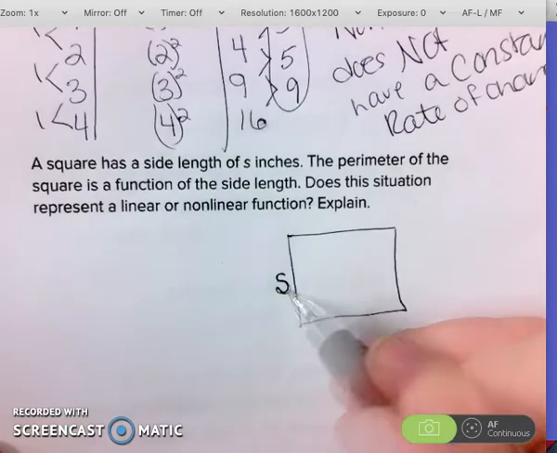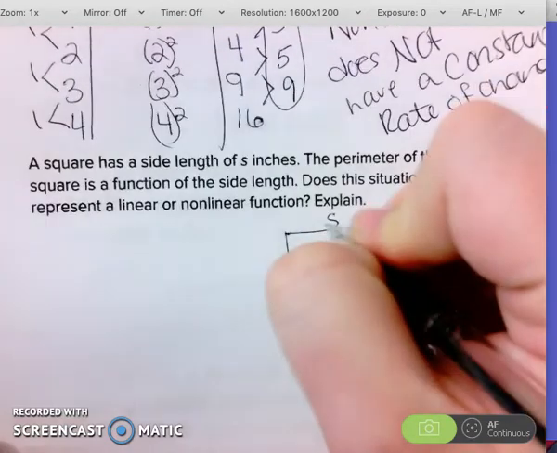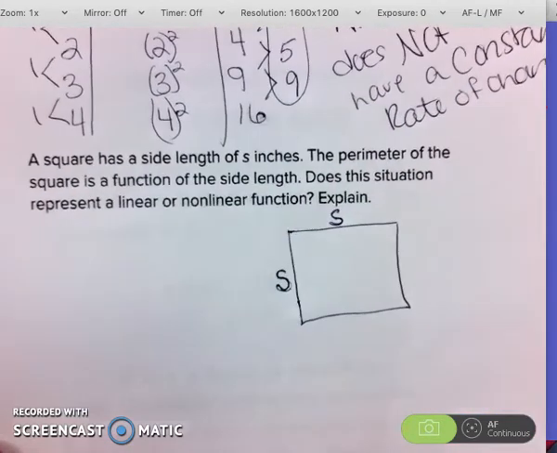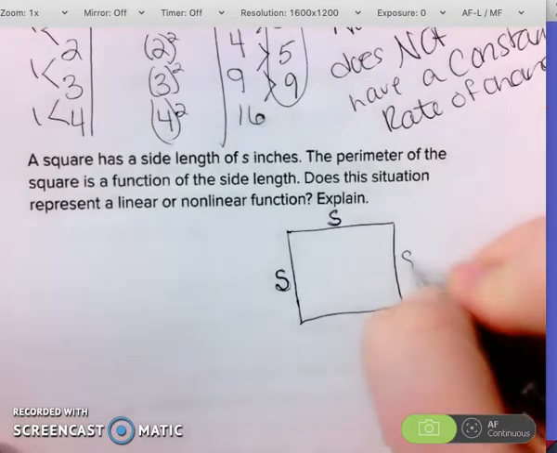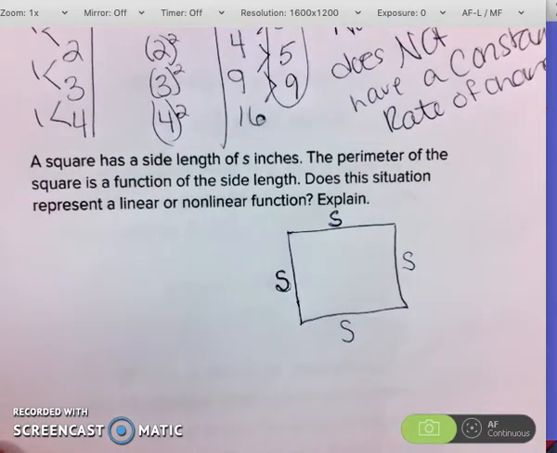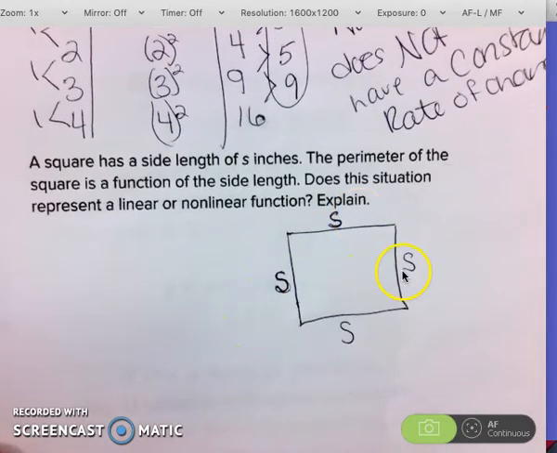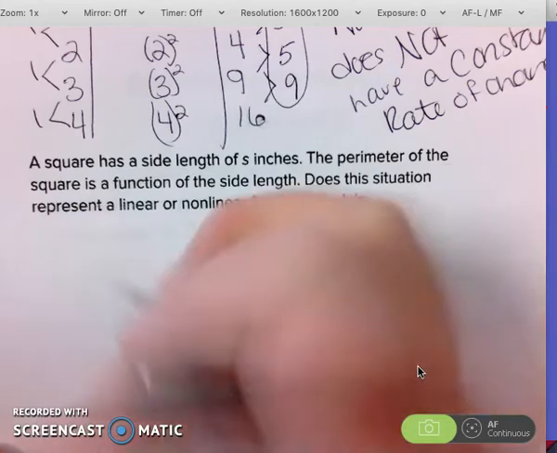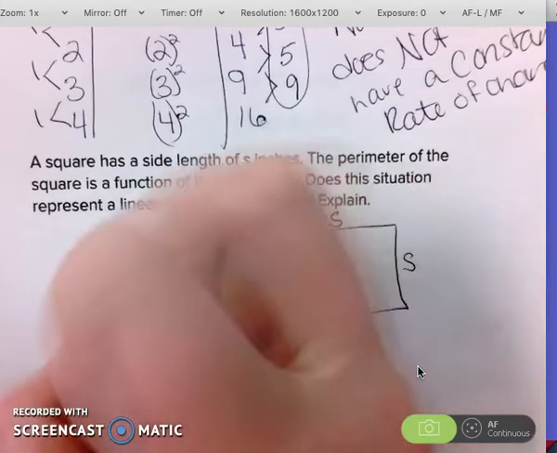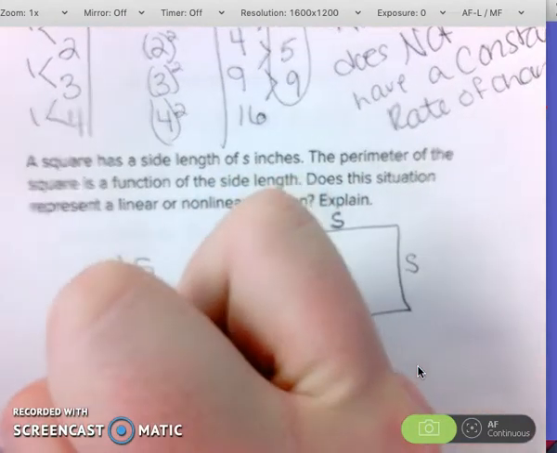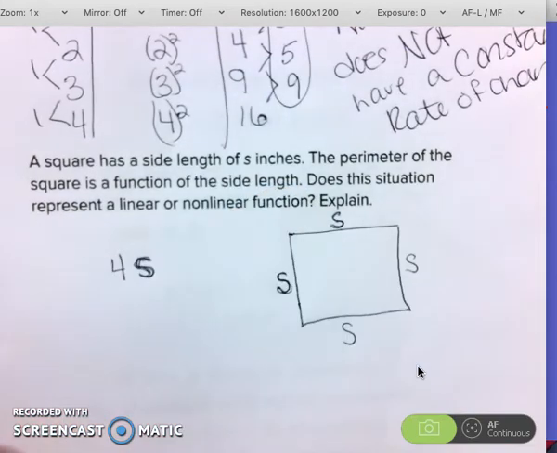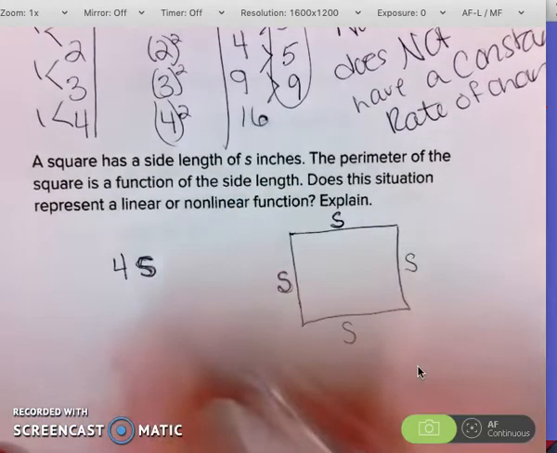If this is s, this is also going to be s, because squares are always the same. So these are all going to be s's. Well, instead of doing s plus s plus s plus s, I could multiply whatever your s is by 4. So to find the perimeter of a square, it would be 4s.